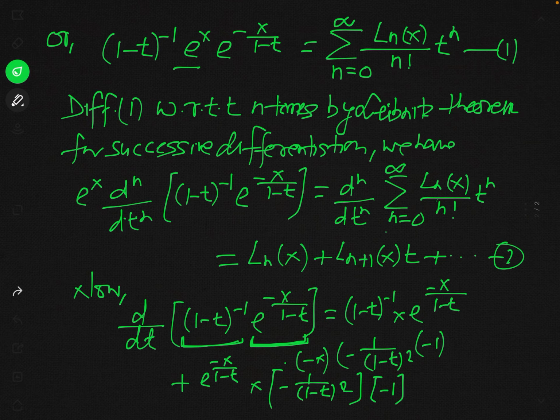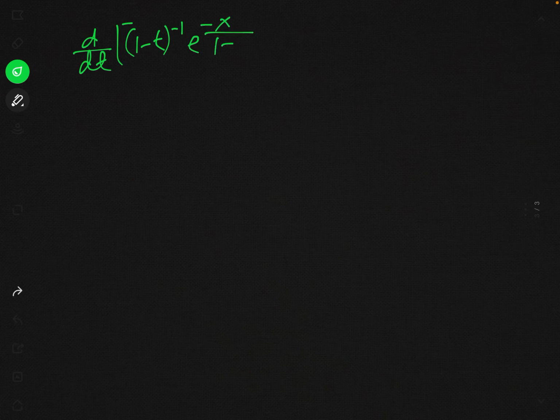Now let us simplify the RHS a little bit. You can see d/dt of (1 minus t) raised to the power minus 1 times e raised to the power minus x over 1 minus t. What will be this? See the RHS. You can take e raised to the power minus x over 1 minus t, over (1 minus t) whole square, as a common factor.